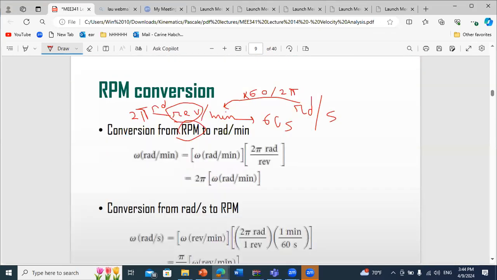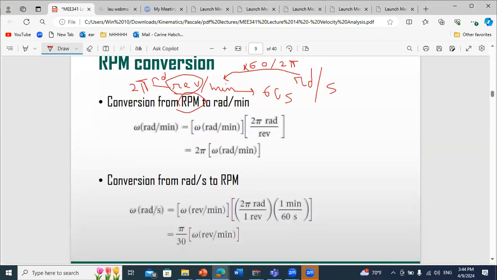Now, if we want to convert between units, let's say we know that RPM is revolutions per minute, and each revolution is 2 pi radians, and each minute is 60 seconds.